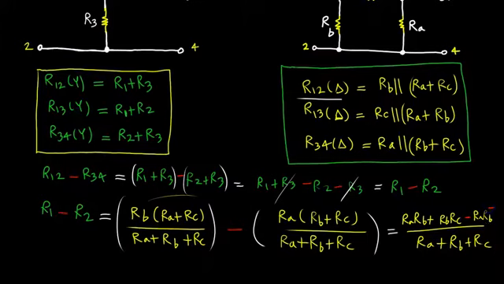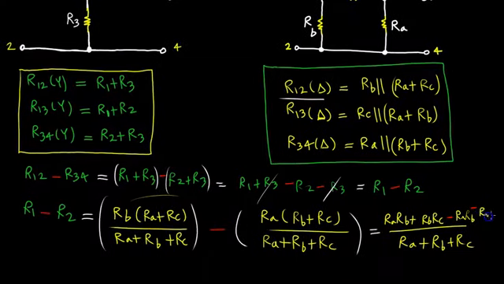It's going to be difficult to write this here, so let me move this over. So let's see how we can simplify this. RARB is going to cancel here, and let's see, RARC.